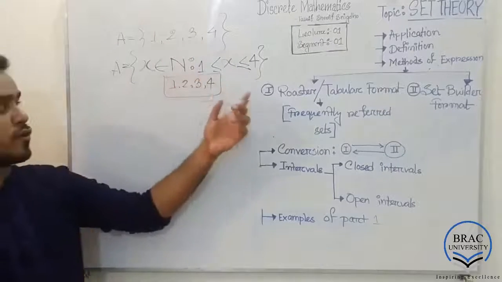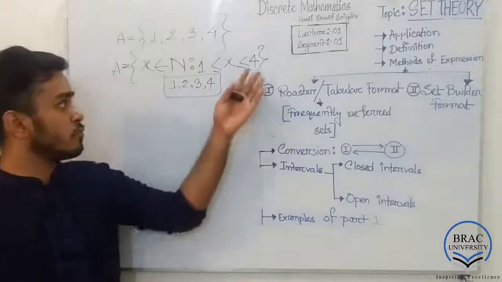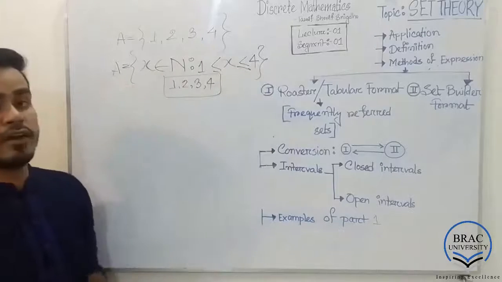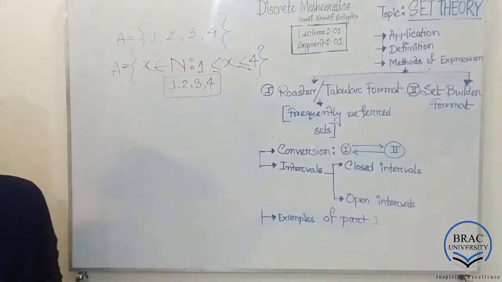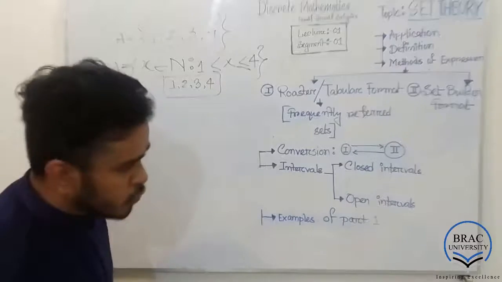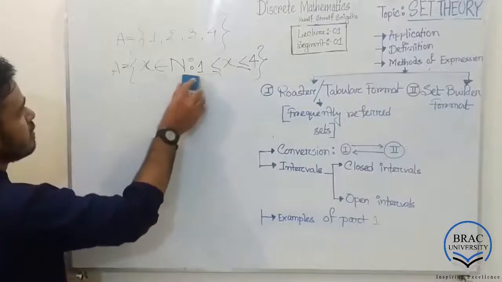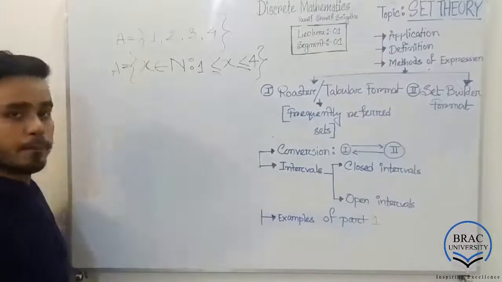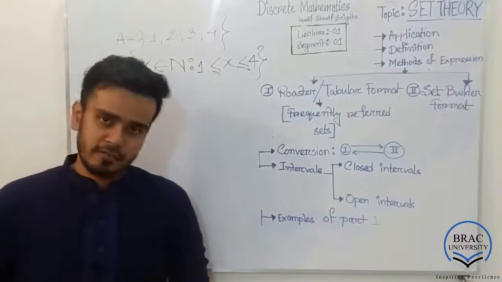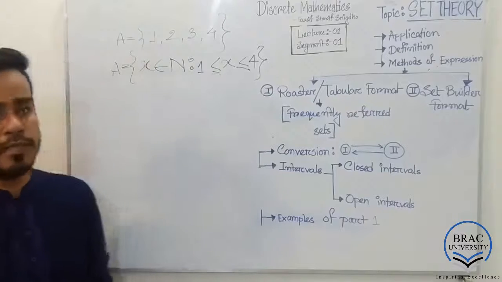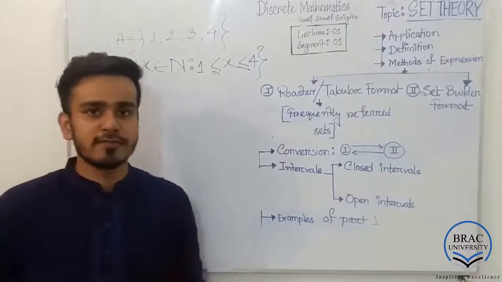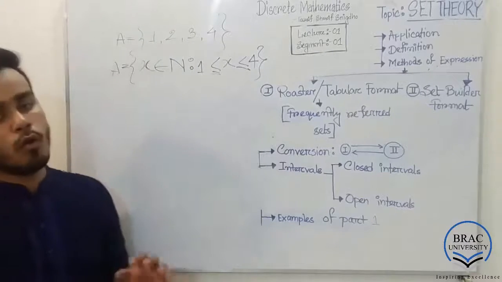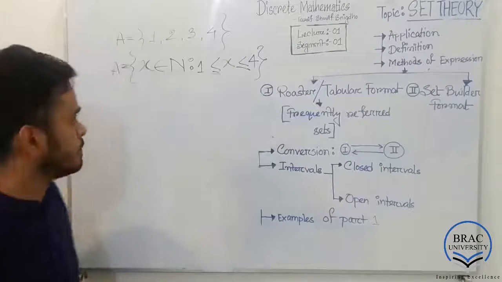So to express a set in set builder format, we'll have to pick a representative element and we'll have to describe the basic feature of x so that we can determine all of the elements of set A.